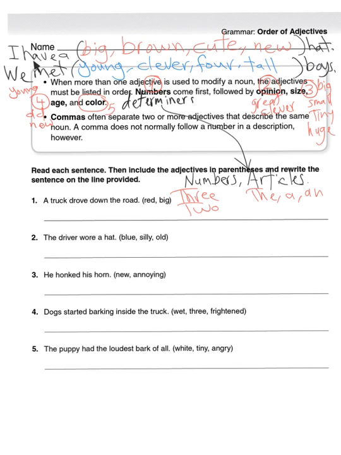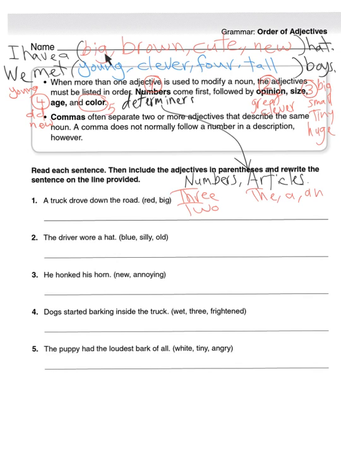And he said, I have a... His hat was big, maybe bigger than the size of his head, and the color of it is brown, and it was cute. His opinion about his hat, that it's cute, and at the same time it was new. He bought it new. All of these adjectives describe one noun, which is the hat.